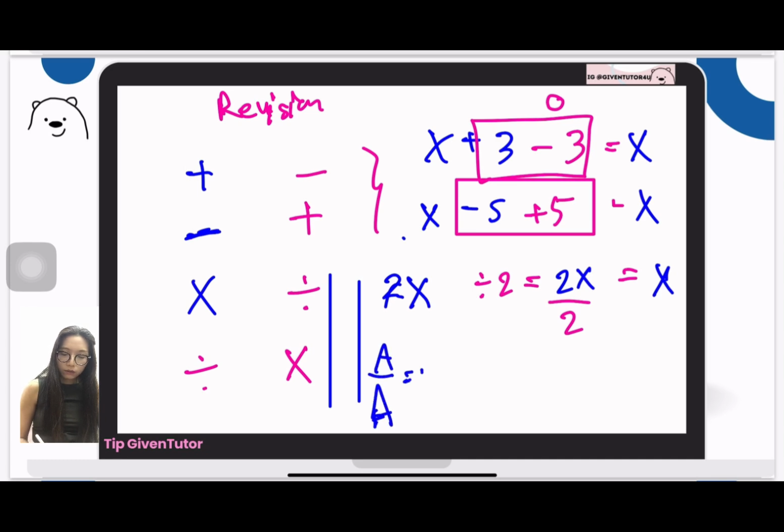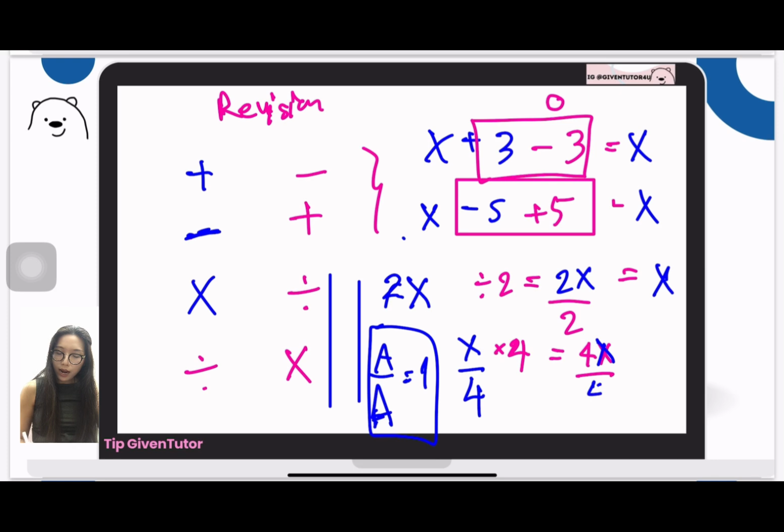Even the x divided by 4. This is the x divided by 4, right? So this will be time with 4. So what we have right now is the 4x over 4, right? We got x because the x means that 1x. Okay, so this is the reverse concept that we will do for the reverse operations.